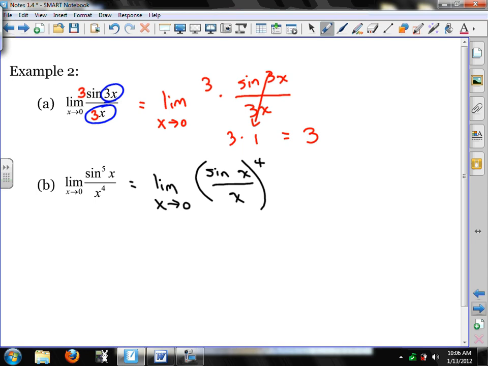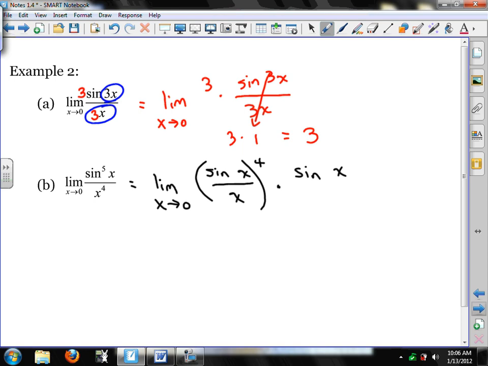Notice I have one more sine x on there. In order to get sine to the 5th x, I need to multiply it by sine x. So now I have 4 sine x's inside the parentheses, 1 on the outside gives me 5 sine x's. And I've got x to the 4th on the bottom there, so I haven't changed my problem at all.